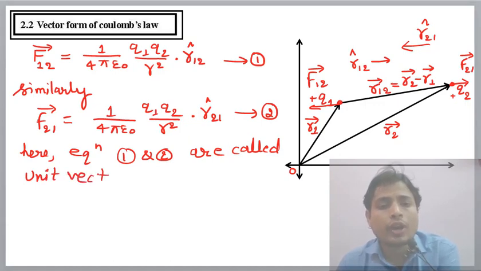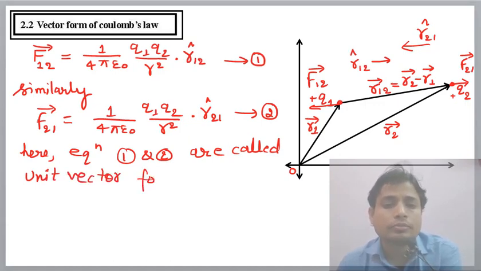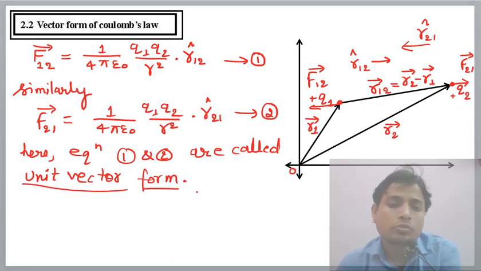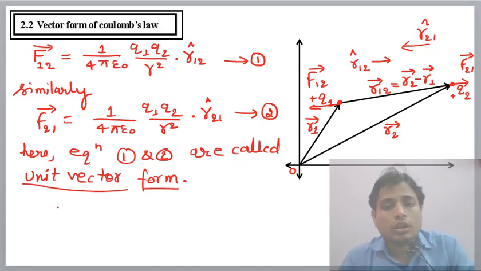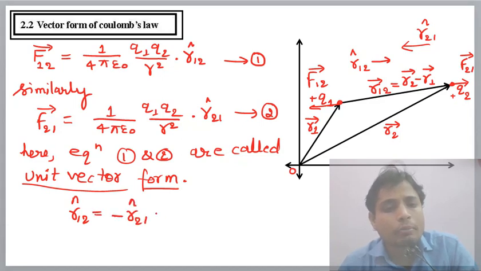Unit vector form. Okay, and you also know that r12 cap is equal to minus r21 cap, right?